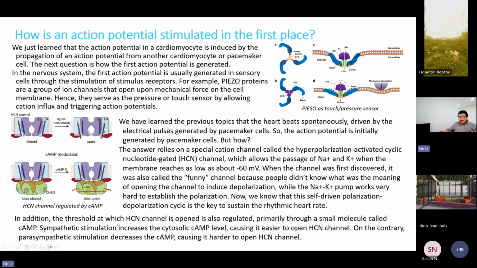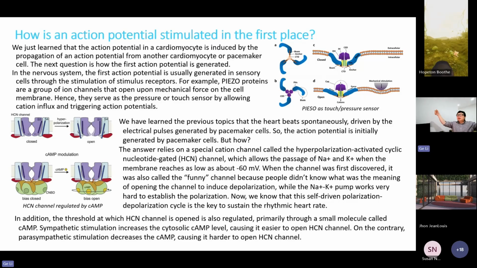High cAMP will bind to some proteins that drag the channel open wider. If there's no cAMP, then the HCN opens by itself only very narrowly, almost cannot open at all. So the more cAMP binds to this other protein that binds to the HCN channels, the wider the HCN channel will be open.